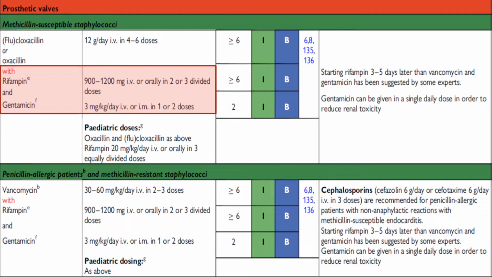If the patient is allergic to penicillin, I mean a severe reaction, or the causative pathogen is MRSA, in this case you should use vancomycin instead, with rifampin and gentamicin, similar to the regimen.